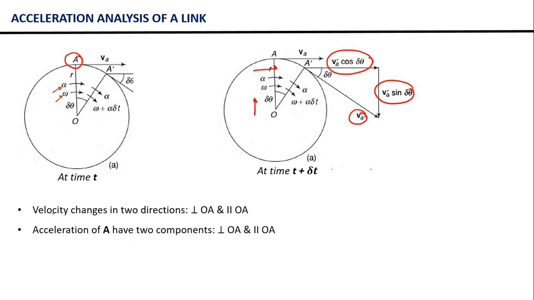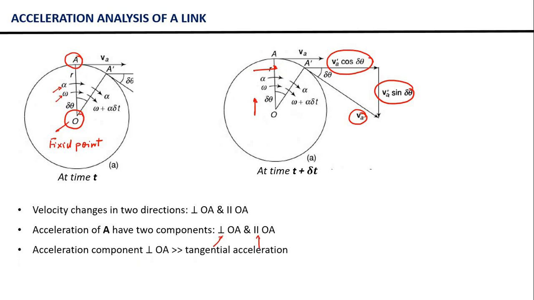So this indicates the acceleration of point A relative to this point O. Just note it down that this point O is a fixed point. That means the link OA is pivoted at this point O. So the acceleration of A will have two components, one perpendicular to OA, another parallel to OA.